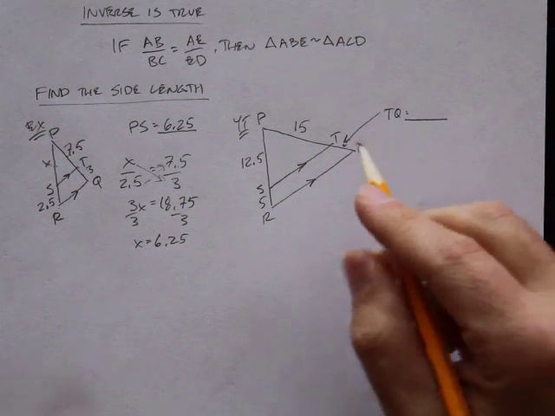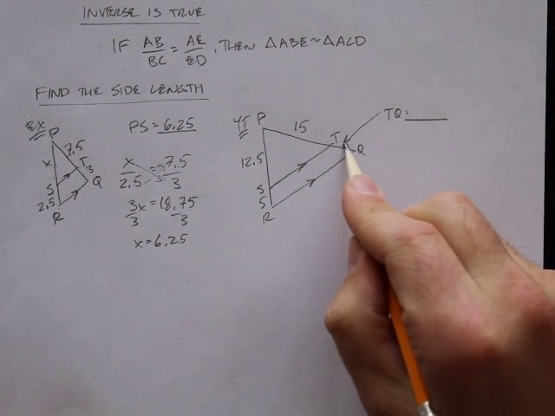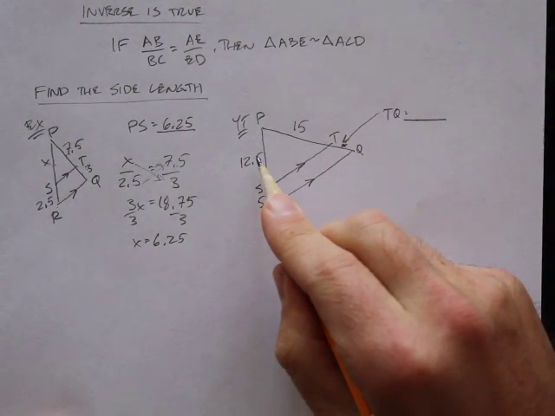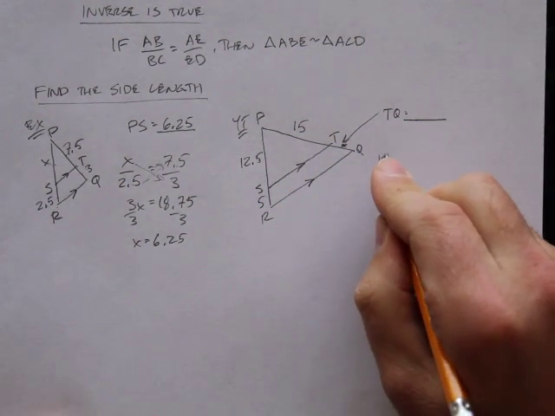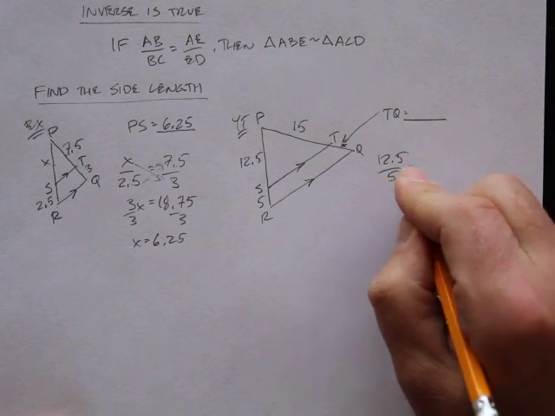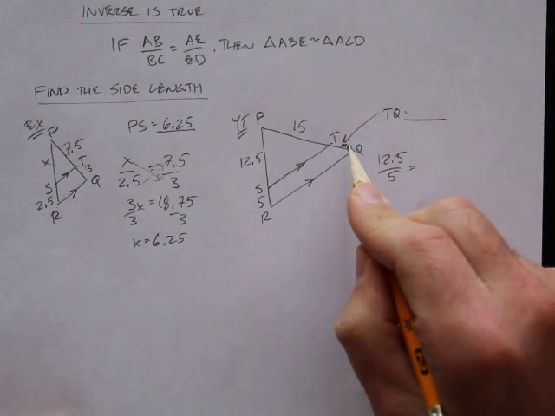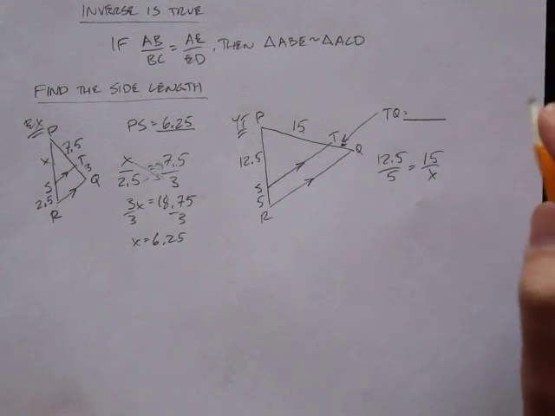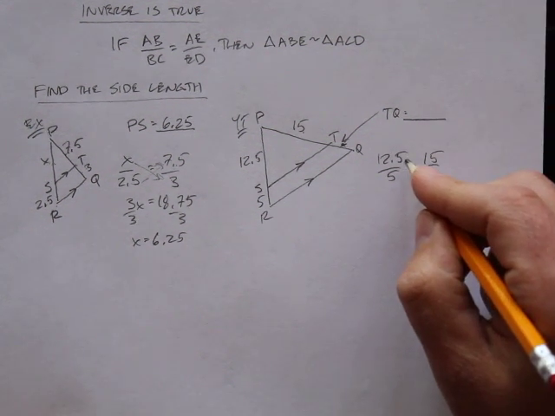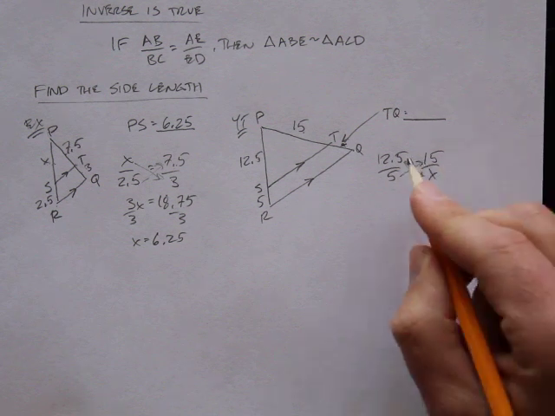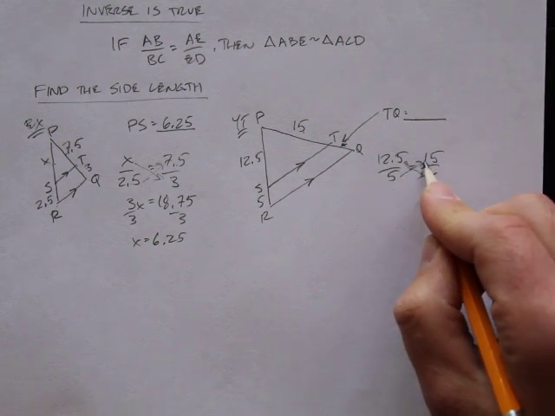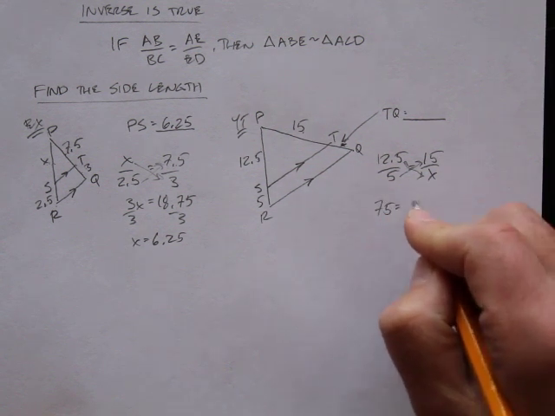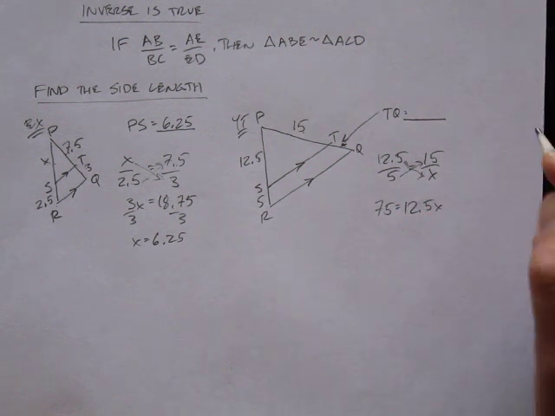Let's see how you did. All right, so I'm going to use x for TQ, and I'm going to put 12.5 over 5, and I'm going to put 15 over x. And then I am going to cross multiply. 5 times 15 is 75, equals 12.5x.